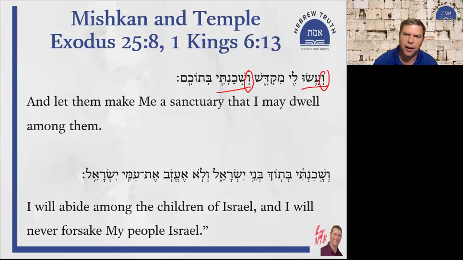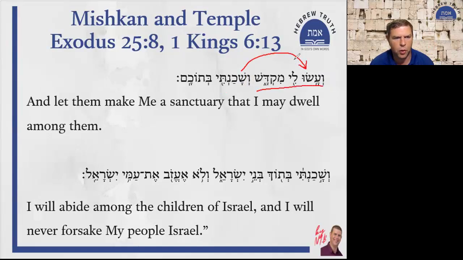Note also the connection between the sequence of these. Okay, this is an instruction, and Ve-shakhanti shows the purpose or the result of the actions in the first half of the verse.